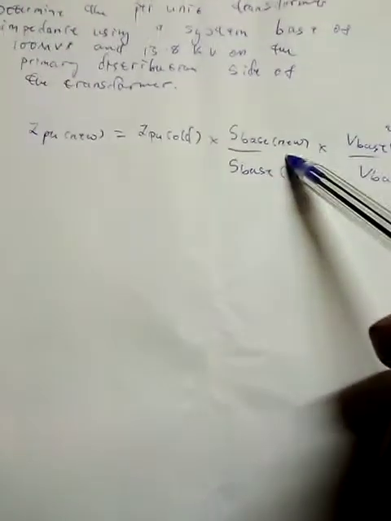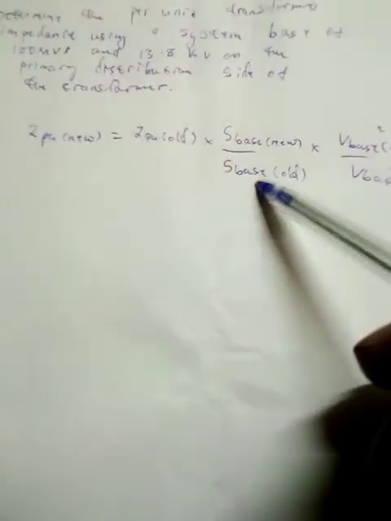Now, what this formula simply implies is that if I have a per unit impedance, this is per unit impedance, this is rated MVA or apparent power, complex power, and this is the base voltage. Now, these are the rated values.